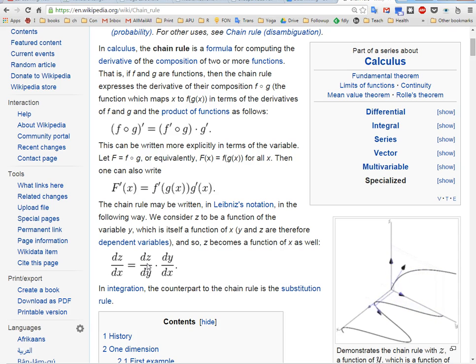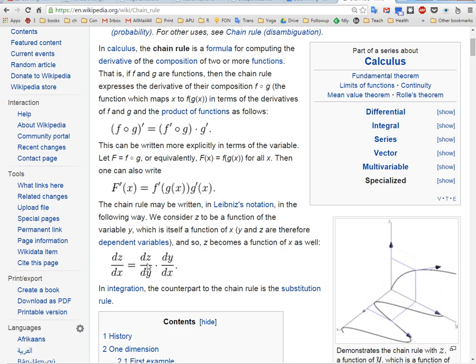Now they're calling f z. So it's a different presentation, with different variables. Okay, so they're saying dz dx, right, is what?